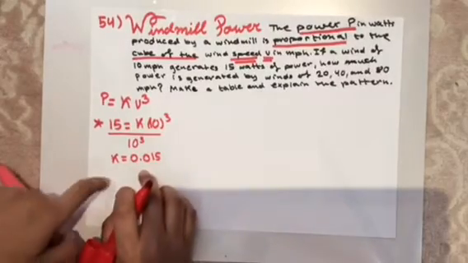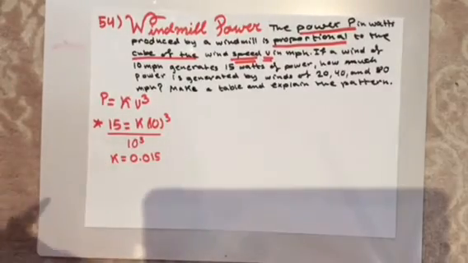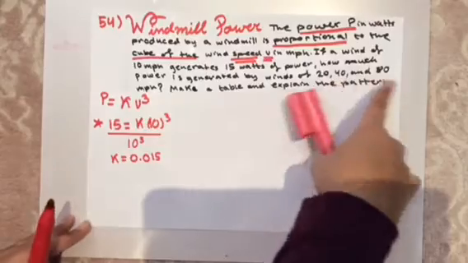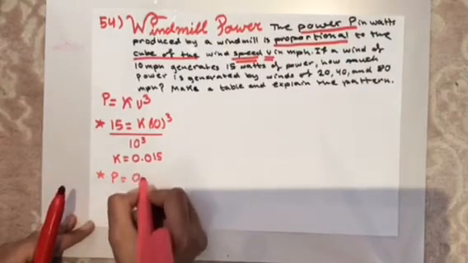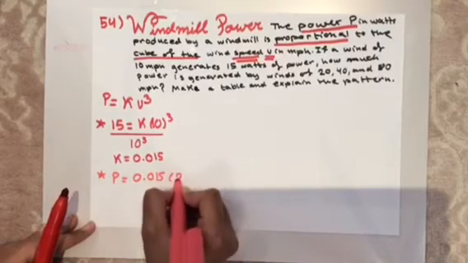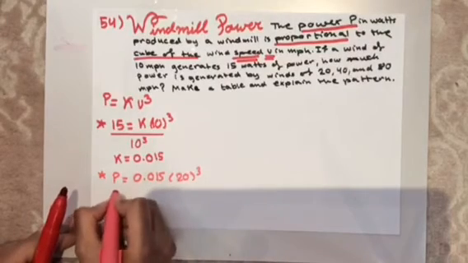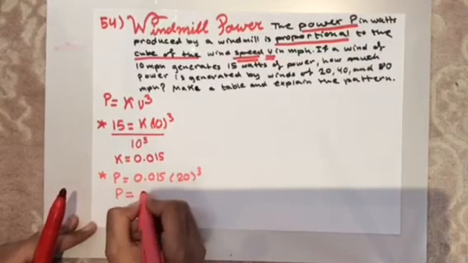Now, since I've got the constant, I can plug it in with the other inputs, which are 20, 40, and 80, to get the power of each one of them. P is equal to 0.015 times 20 to the power of 3, which is equal to 120 watts.